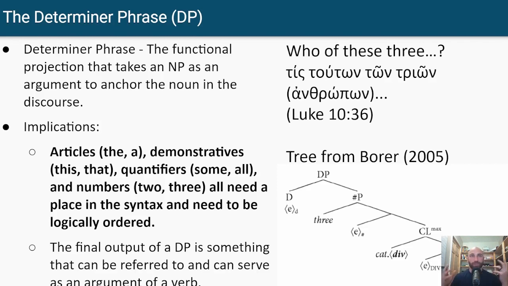The goal for syntacticians working in the generative grammar field, especially, is to try to come up with structures that are universal. So you can see this tree from Borer 2005, and it probably looks like total gibberish other than the DP. So basically she has these functional projections that lead up to the DP, and all of these functional projections have to be defined, right?